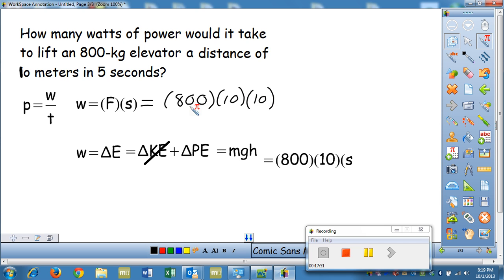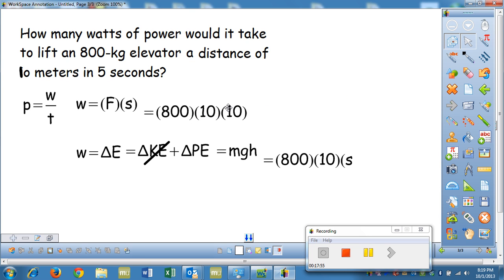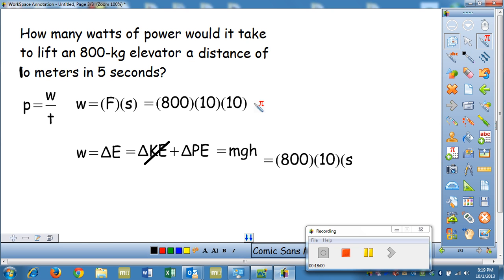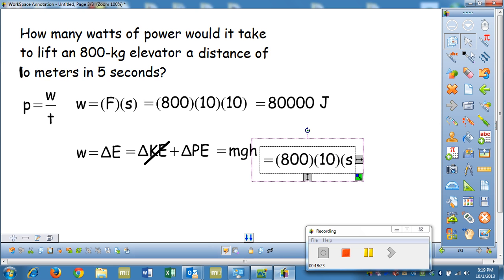Right, because mg is the weight times 10 meters. So that's equal to 8 with 4 zeros. And that is joules. And this one also is going to be 800 times 10 times 10. It's going to be the same, right?